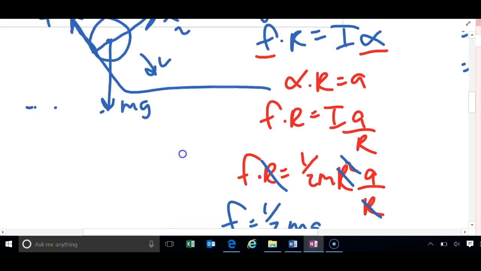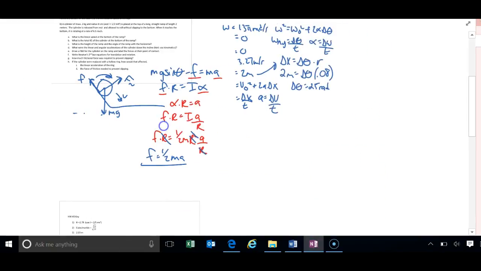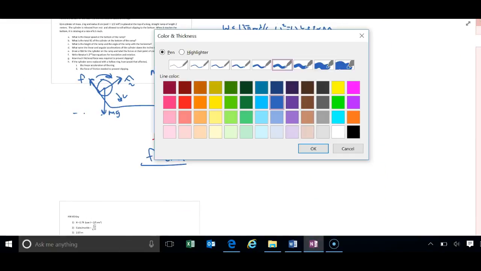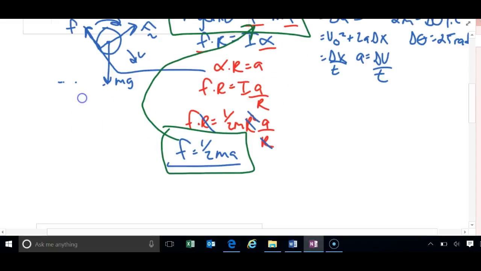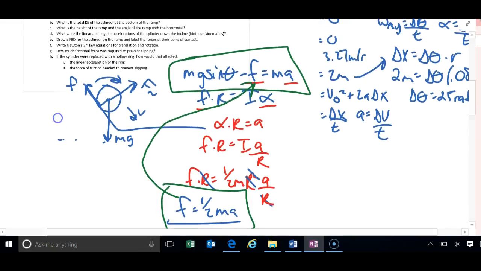Problem is, I don't know F and I don't know a. I have two unknowns, and those same two unknowns that I underlined there. But wait a minute, I'm looking for friction. So if this is the case, I don't have to do all this work. I already have acceleration, so I can plug it in.